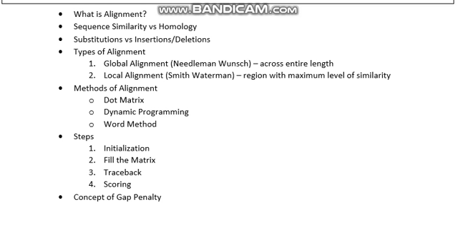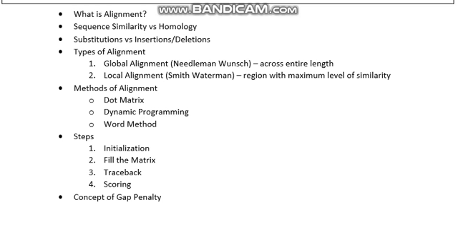It's important to choose the right alignment according to your requirement. But in case you're not sure which alignment to use, it's always better to use the local alignment method. Now, these algorithms are based on three methods: the dot matrix method, the dynamic programming method, and the word method. But we're just going to be discussing the dynamic programming method in this video.